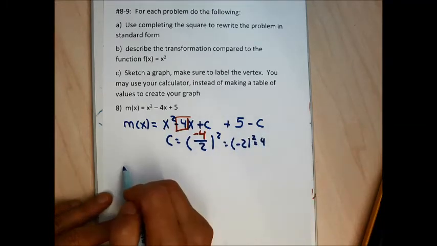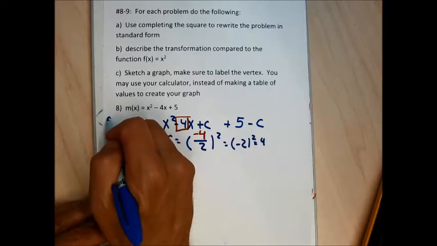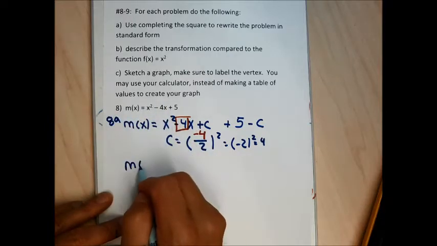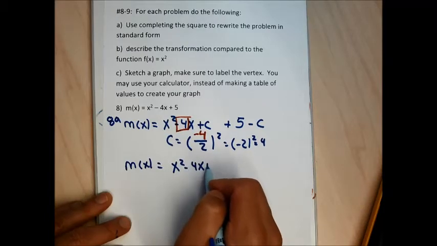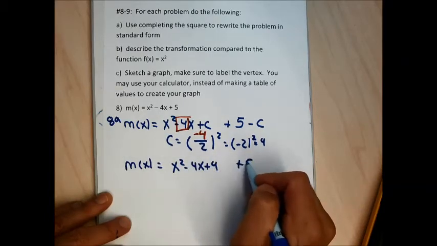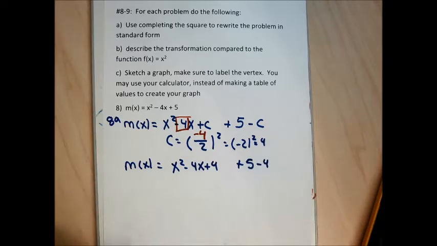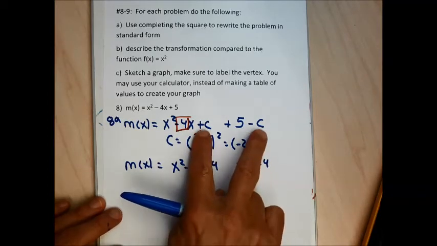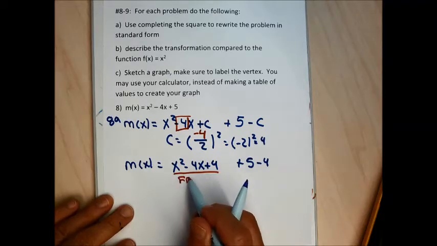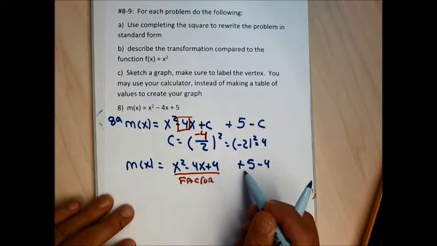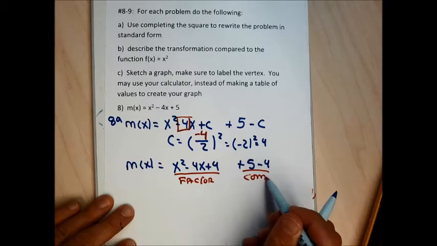So finishing up, I'm in the middle of 8a. Finishing up 8a, I'm going to get x squared minus 4x plus 4 plus 5 minus 4 by adding and subtracting c, replacing the c with the number. Now I'm going to factor these and combine these.